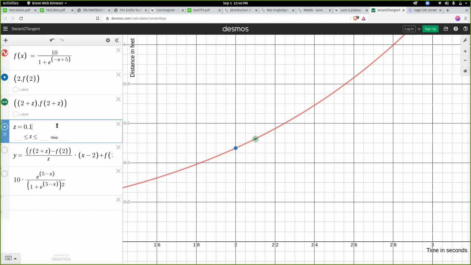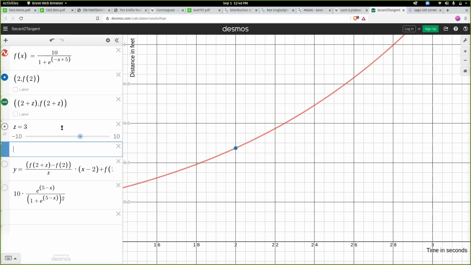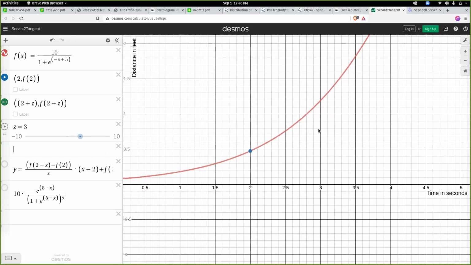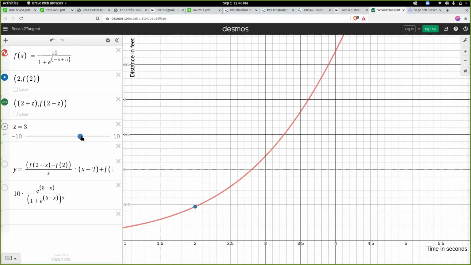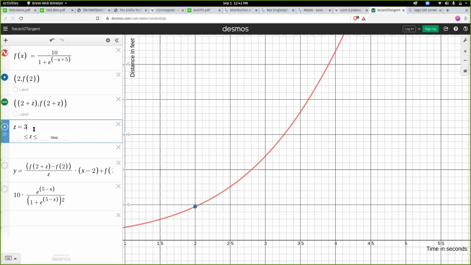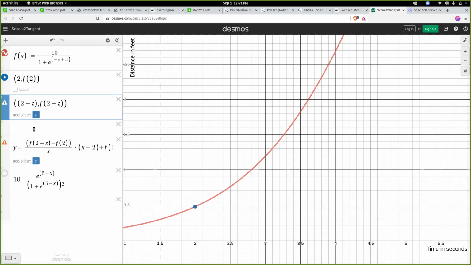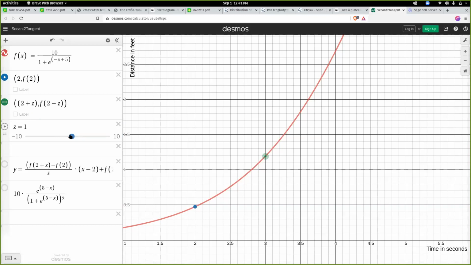Let me put this one at 3. Okay, and I need to change my scale again. This has just made the thing disappear. Oops. So I'm just going to have to manually push this up to 3. All right, there it is, 3.